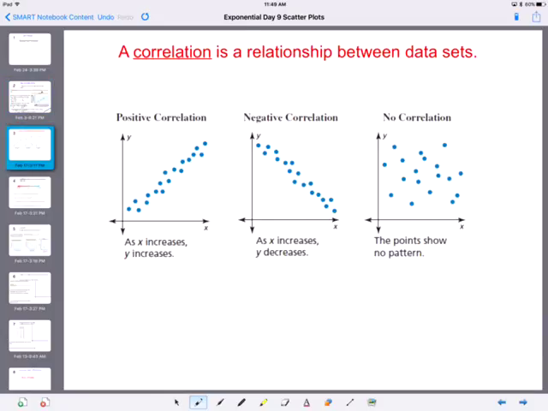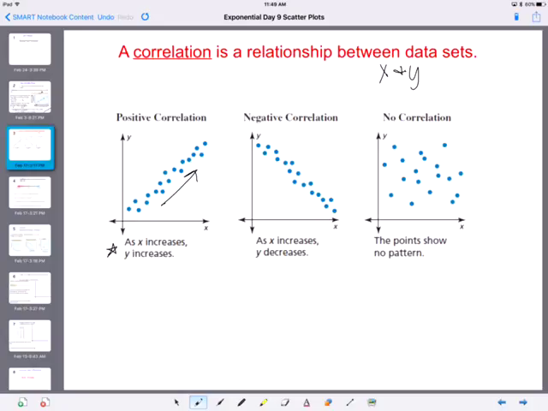So the next thing we want to talk about is a correlation. A correlation is a relationship between data sets. So it is just asking what is happening between our x and our y. So the first example we have is called a positive correlation. A positive correlation: as x increases, y also increases. And our dots are close together in an increasing manner.